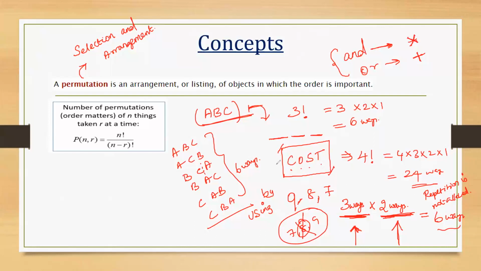Okay, to arrange 3 letters or 4 letters. So clear, but the basic formula nPr is permutation. n is the number of items, r is the number of items taken at a time. So nPr equals n factorial by n minus r factorial. So what is the value of 7P3?